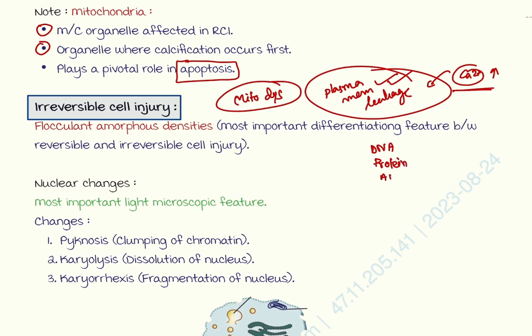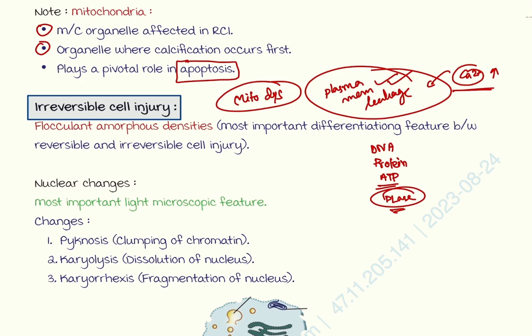The ATP production will be hampered because of ATPase enzymes, and phospholipase is the key player, because this phospholipase will break down not only the plasma membrane but each and every organelle's membrane.